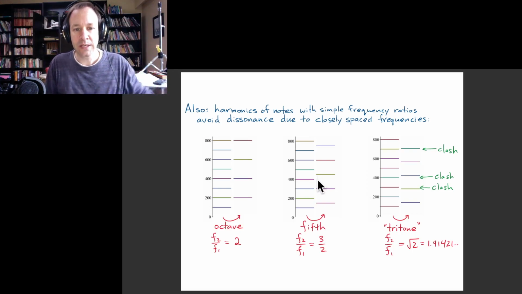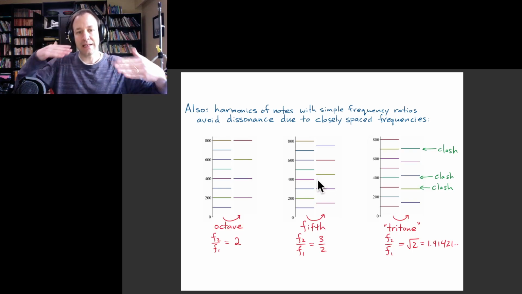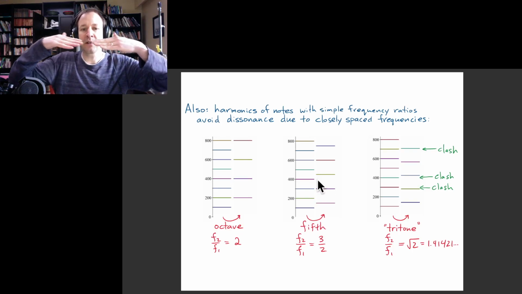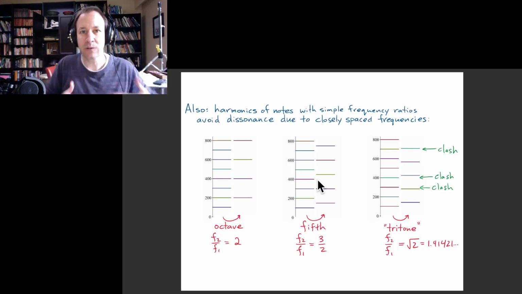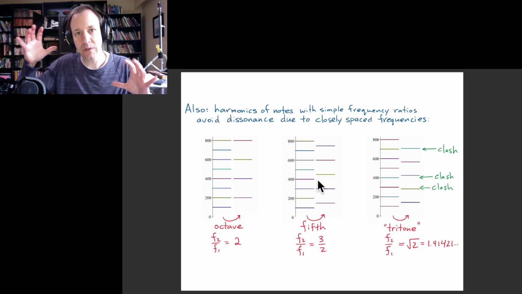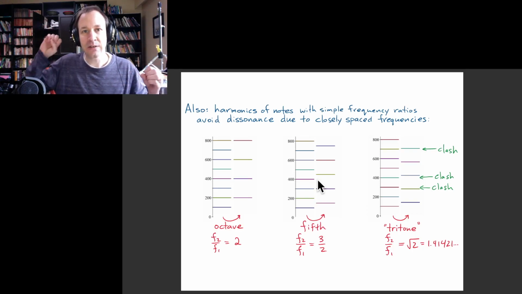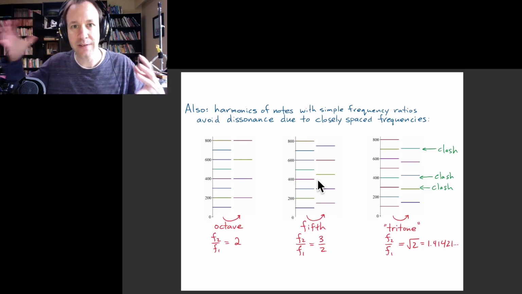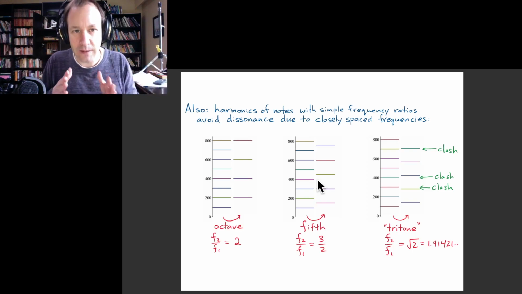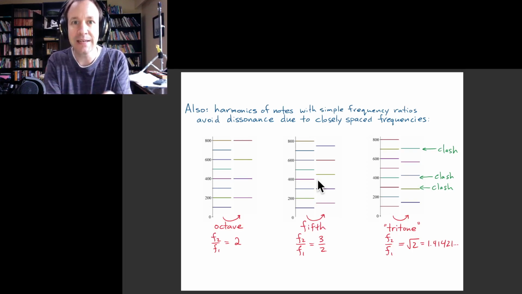So you don't get any harmonics which are close to each other but not equal. Because remember, in that case you end up with some dissonance or roughness that comes from those two frequencies competing to excite the same region on the basilar membrane.